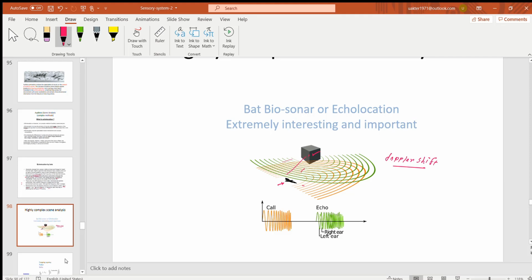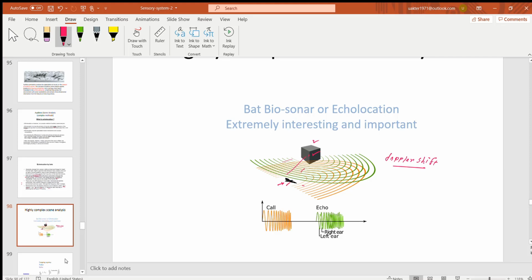So when the bat is moving towards the object, getting closer, and producing the pulse one after another, as the bat is getting closer to the object, compression of air takes place, and that increases the frequency of the sound.